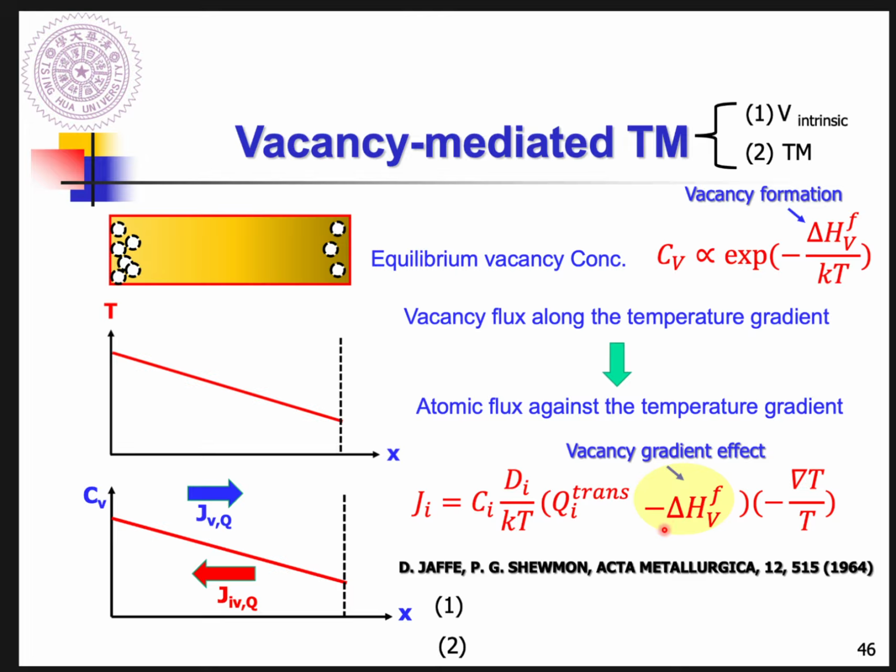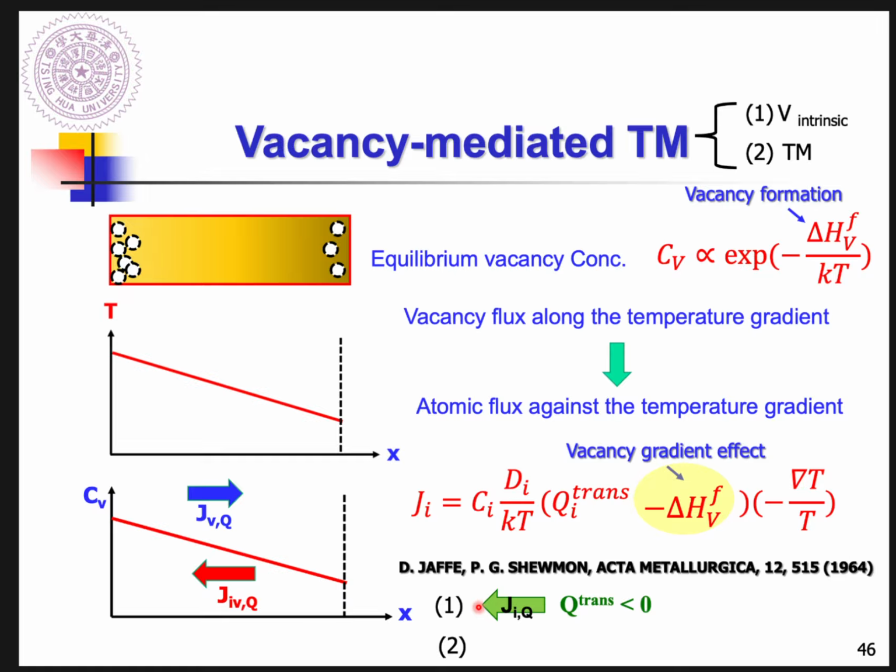They say that if you deal with a vacancy-mediated thermal migration case, the vacancy formation energy can be put here to modify the atomic flux driven by thermal migration. In order to show that this idea is roughly correct, I give you two examples. For the second part, thermal migration, you need to define whether this heat of transport is positive or negative.